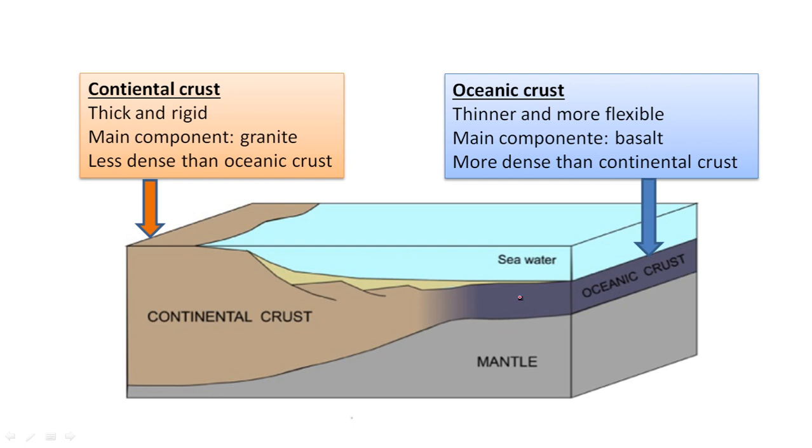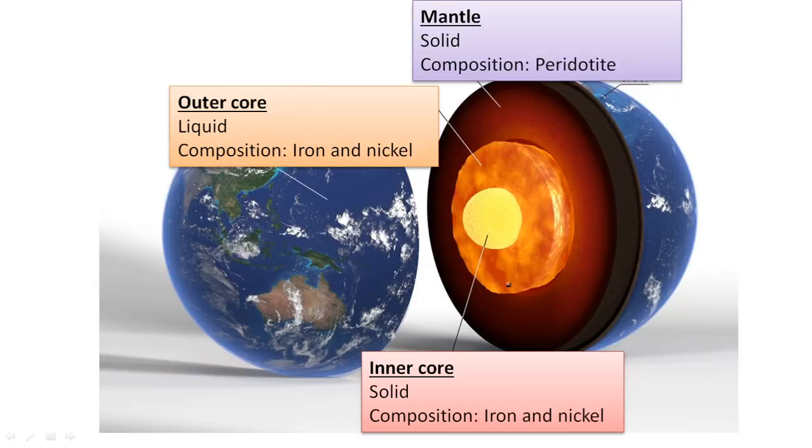However, the oceanic crust, we cannot see it because it's under the seawater. These are the two types of crust. Let's move on to the next layer.